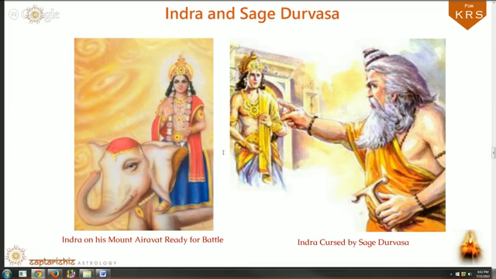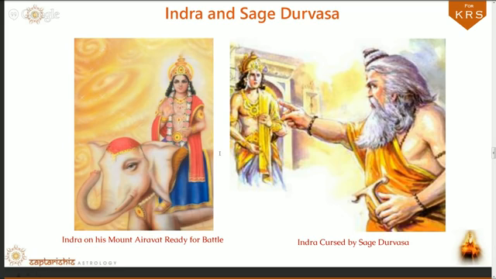The elephant, overpowered by the smell of the celestial garland, takes it and puts it down on the floor. Durvasa suddenly comes out of his trance. He is infuriated, he's short-tempered.